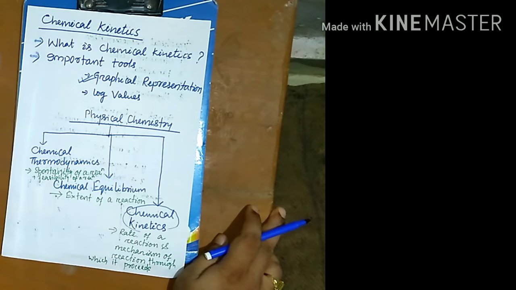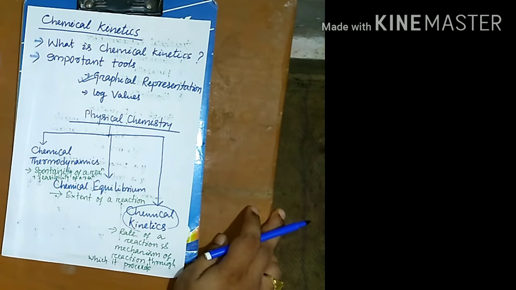Here we are going to discuss the tools, because if you are not well equipped with tools, then it will be very difficult for you to manage. So be comfortable, or you have to be sure about the tools that are used to read physical chemistry, or you can say to read chemical kinetics.